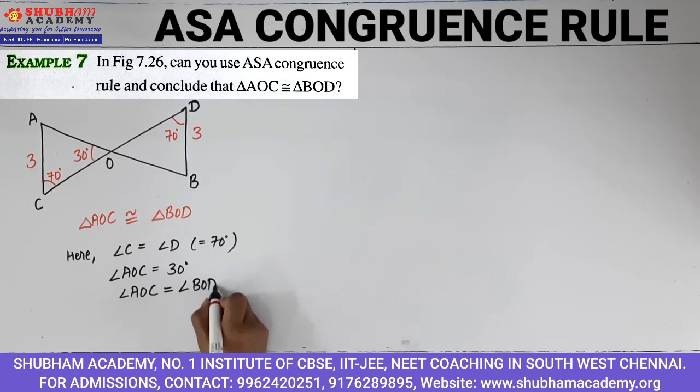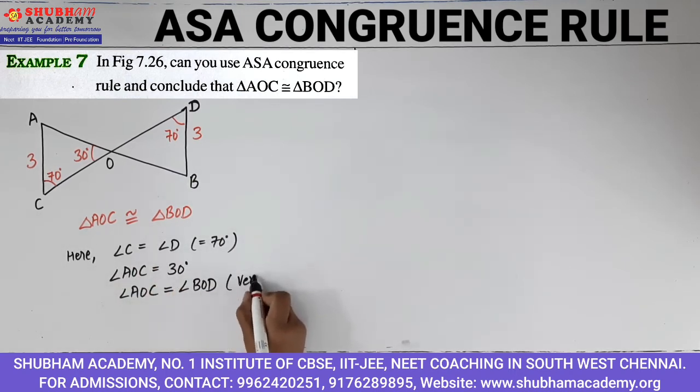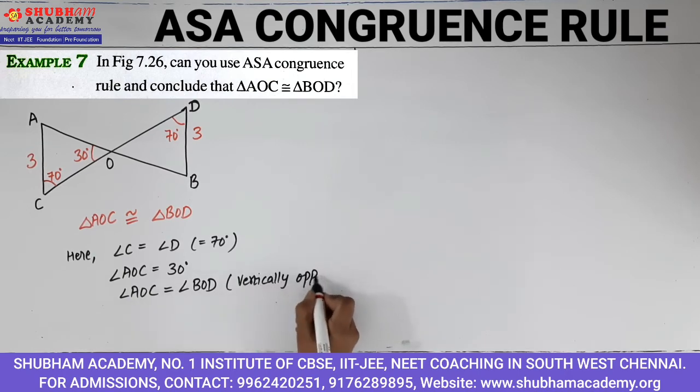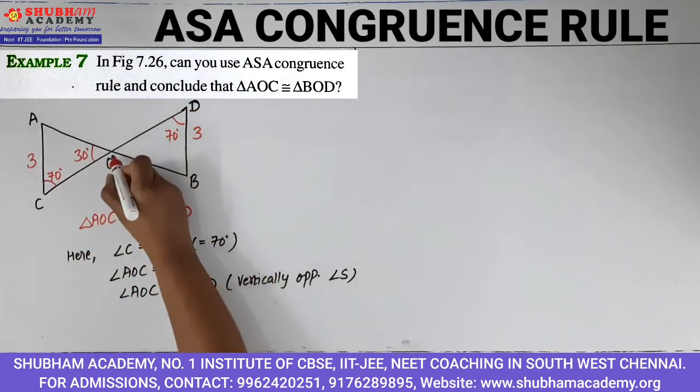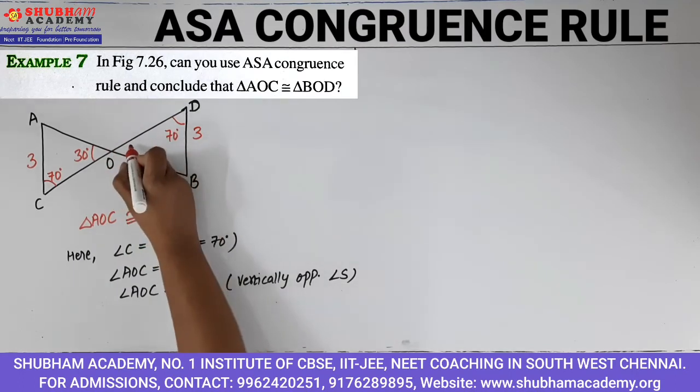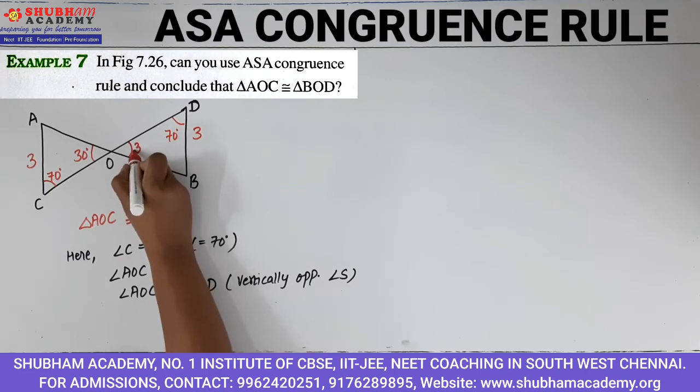How can I say that? Because both are forming a pair of vertically opposite angles, because AB and CD are intersected at point O. So we are getting here a pair of vertically opposite angles.